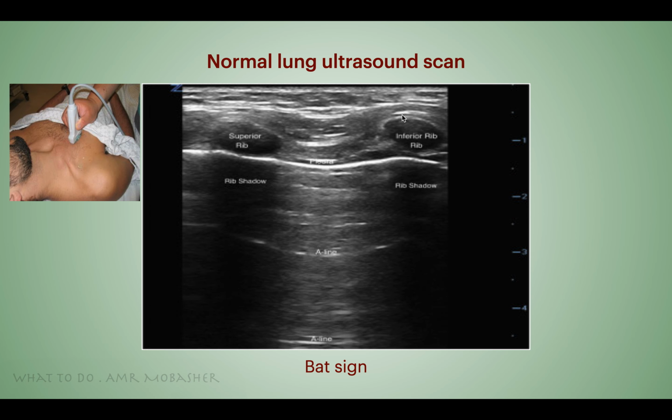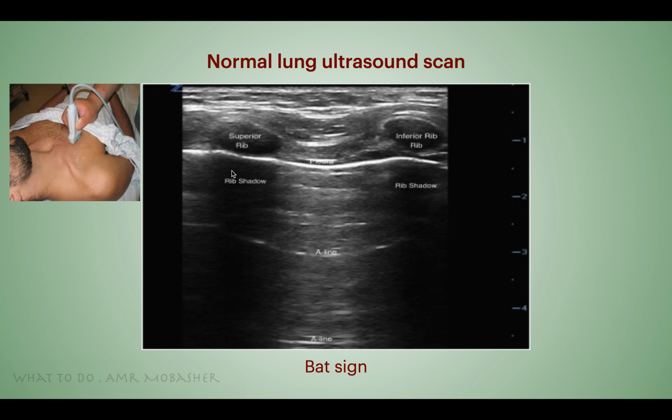Does it make sense? As we mentioned before, the bone is impermeable to the ultrasound waves, so it's anechoic or hypoechoic with the rib shadow behind it. What we can see now is the skin and subcutaneous tissue, then the intercostal muscle, and a very, very bright line, which is the pleural line.